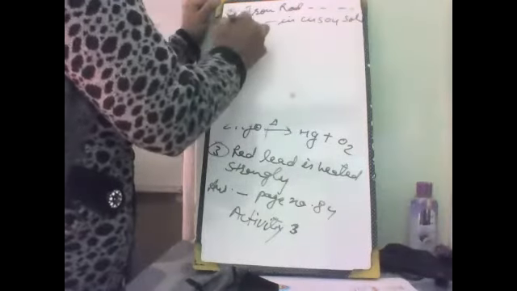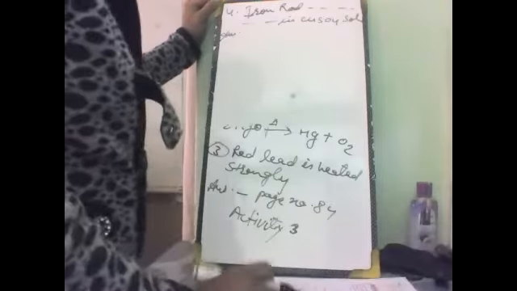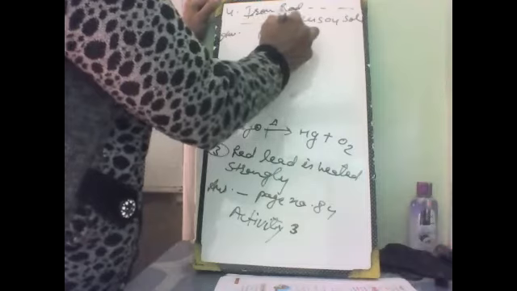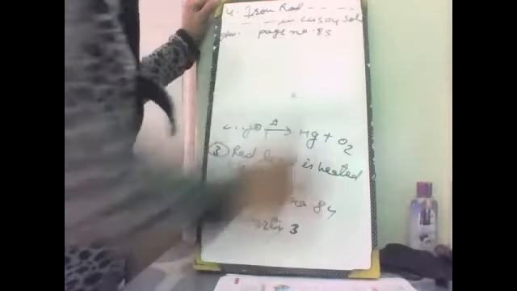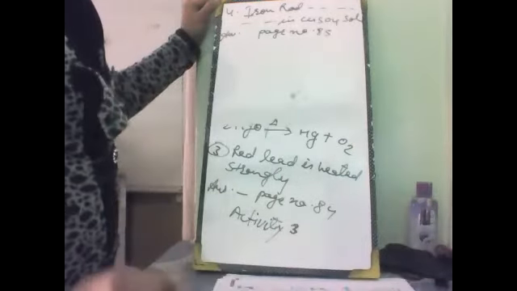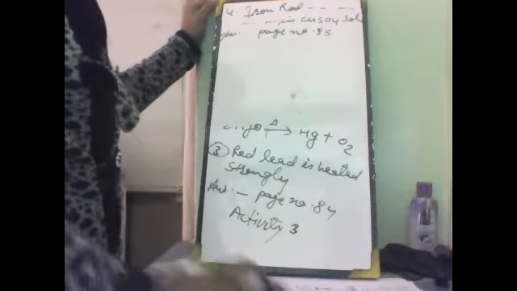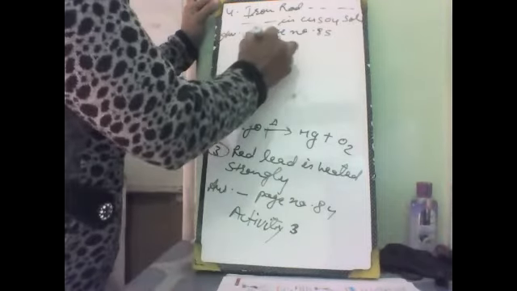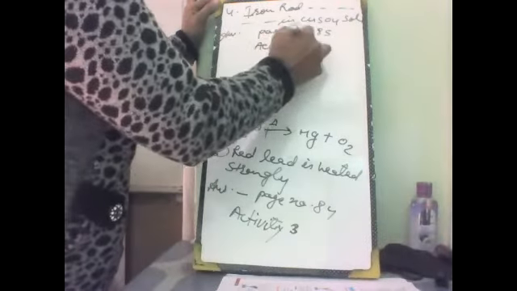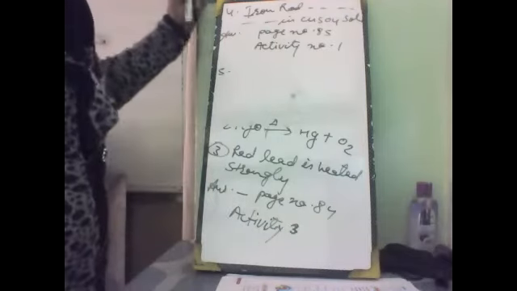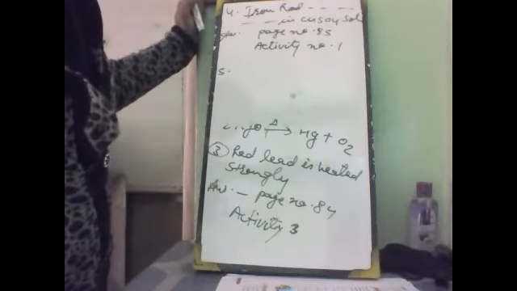You can see the answer on page number 85, activity number 1. And the fifth is silver nitrate solution is added to sodium chloride.